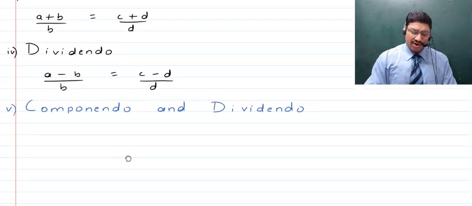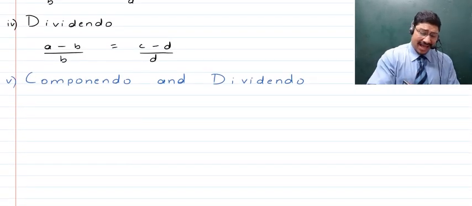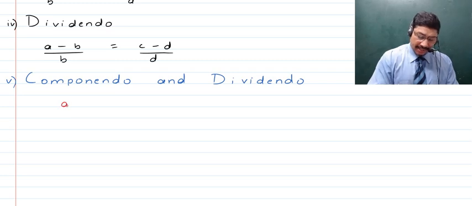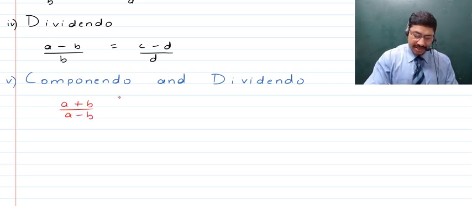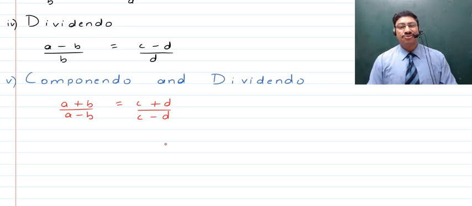And then if you are able to say that you have some A plus B divided by A minus B to be equal to C plus D divided by C minus D, then this is known as componendo and dividendo. And children, this is the most important property of proportion.